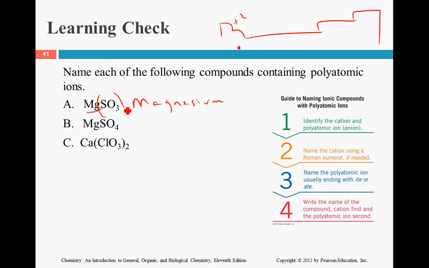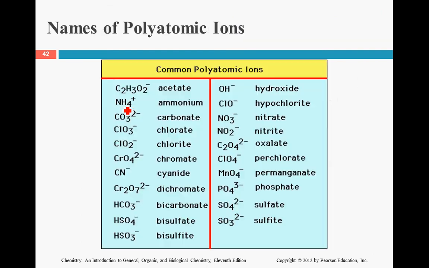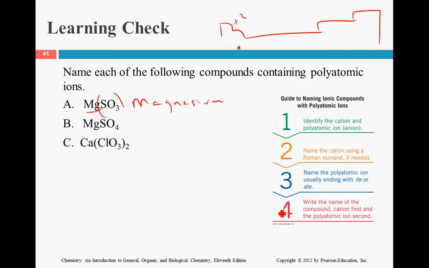SO3, however, we need to figure out what that is. So SO3, right here, it's sulfite. Once again, because it was in a tall row, I don't have to worry about the Roman numerals.